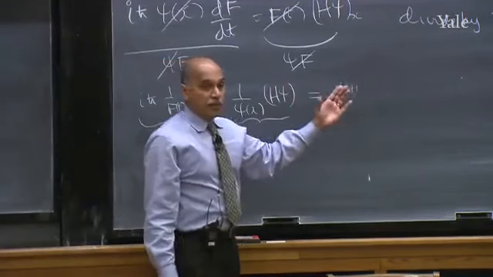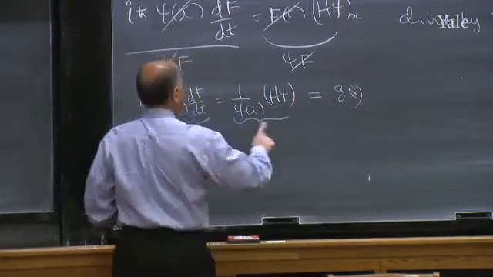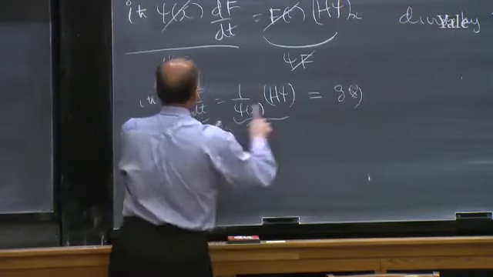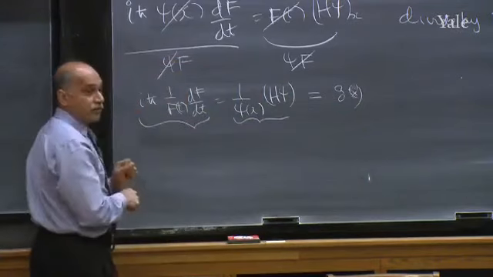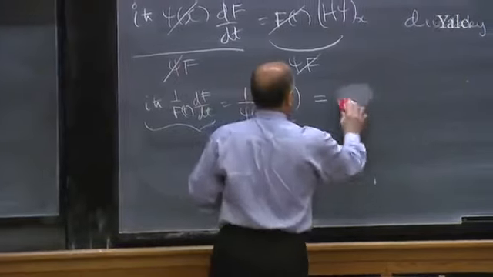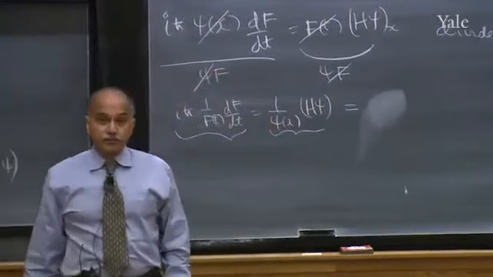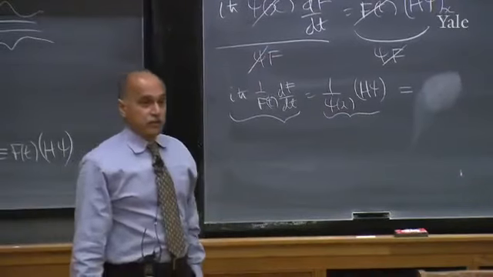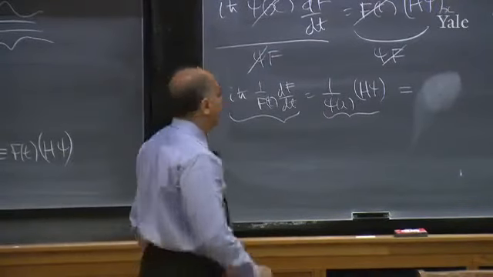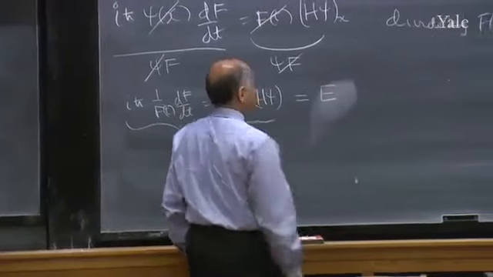And it cannot depend on x, because if it was a function of x, as you vary x, this can change with x to keep up with that. This has no x dependence. It cannot vary with x. So this thing that they're both equal to is not a function of time, and it's not a function of space. It's a constant. That's all it can be. So the constant is going to be very cleverly given the symbol E.